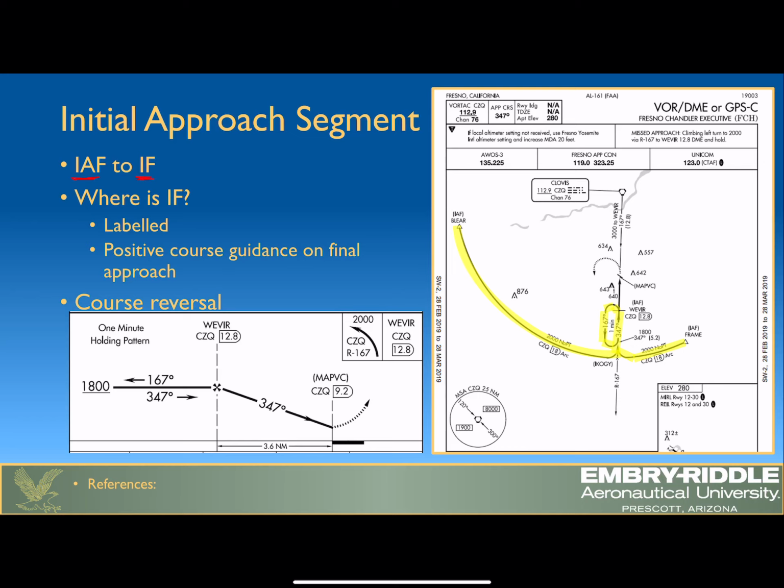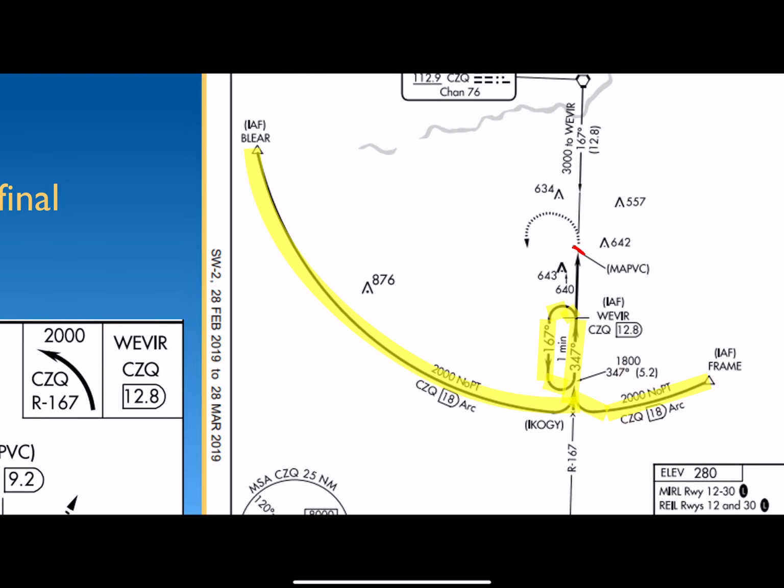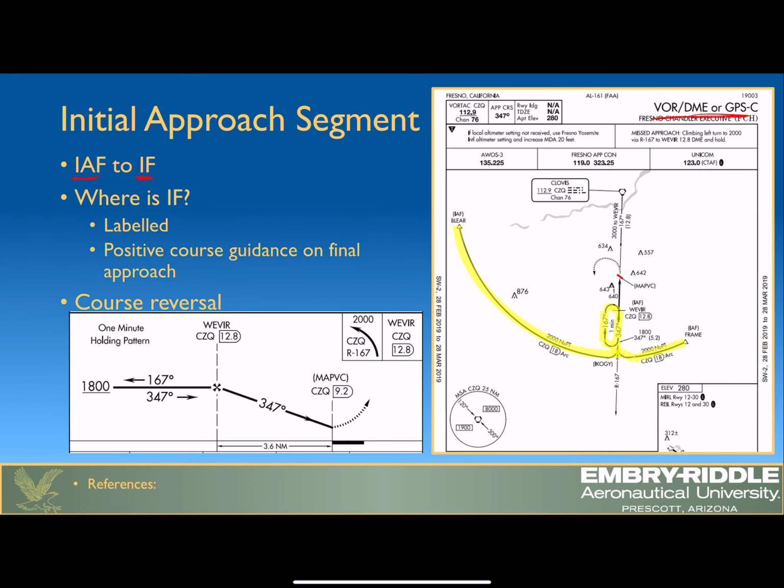In this case, we're looking at the VOR, DME, or GPS-C for Fresno Airport. This is not for a specific runway because, if you look, it's kind of hard to see, this runway is at an angle, so it's not a straight-in approach. In this approach, there are again 3 initial approach fixes that you can use. 2 of them are DME arcs from the west or from the east.